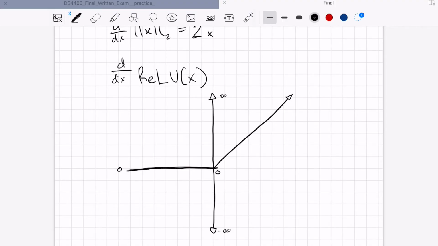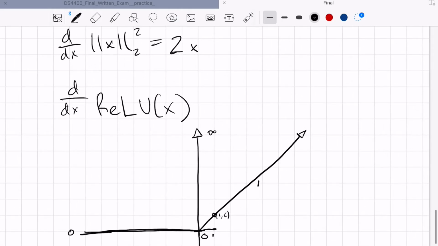This slope is 1, so this point right here is 1, 1. In class, we've used what's called an indicator function that says when x is greater than 0, we return 1, and it returns 0 if x is less than or equal to 0.